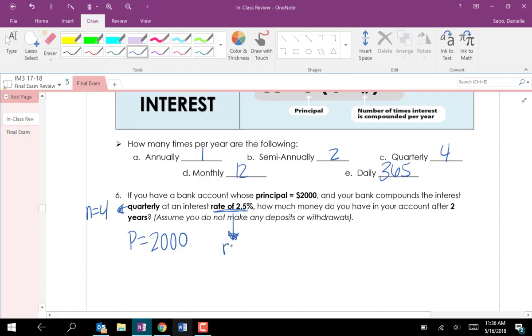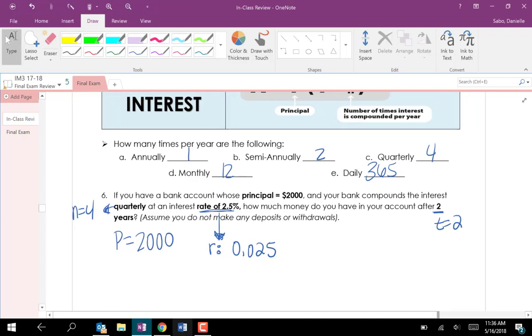But how do I write that as a decimal? Because right now it's a percent. I need a decimal because you can't work with percents in your calculator. 0.25 is 25%. So it's 0.025. You either need to divide it by 100 or just move the decimal place over twice. And then 2 years, that's our T. So T is 2. So you have all of the pieces.